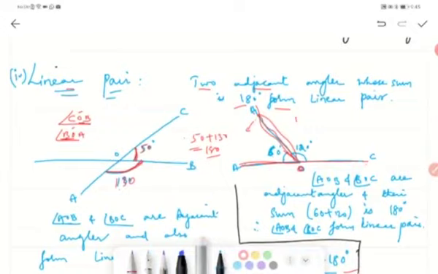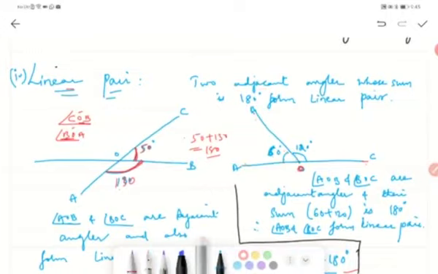All right. I hope you can make out the difference. What is a supplementary angle? If you have two angle measurements, if you just simply add them, if you get 180 degrees, it is a supplementary pair, supplementary angles.